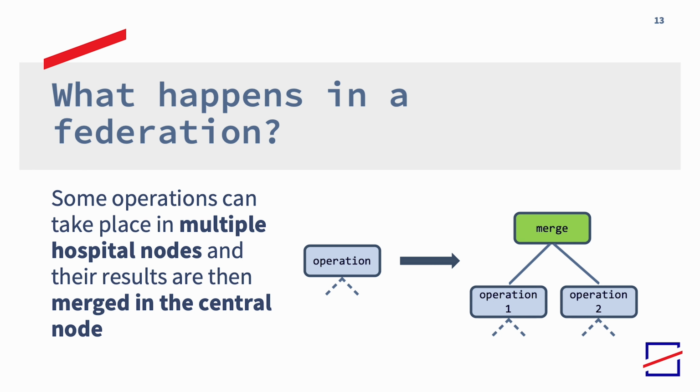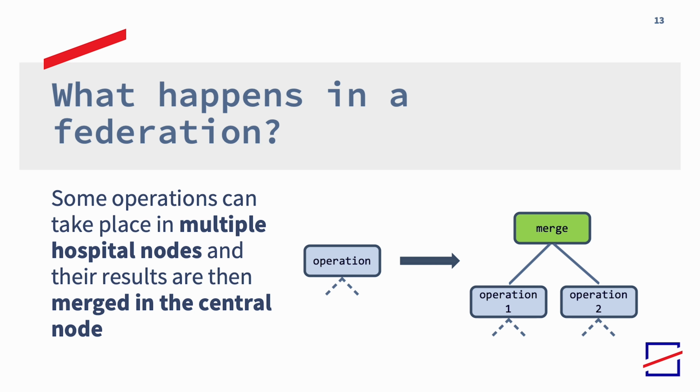Now, what happens when we don't have a single machine, but a federation? Then we can choose some node of the computation graph and replace it with this merge construct that I have on the right. So instead of having one operation and everything that precedes this operation, which is represented by the dashed lines below, we take this operation and we repeat it in multiple hospital nodes, and then the results of these operations are gathered and merged in the central node.